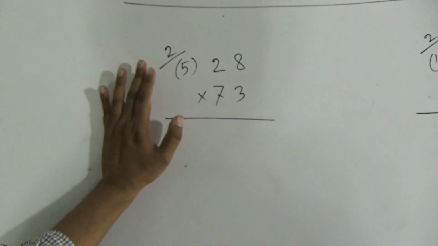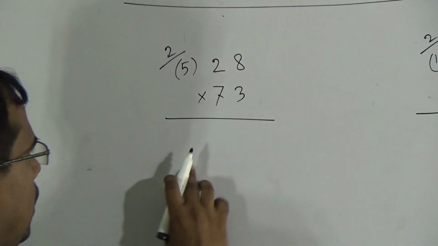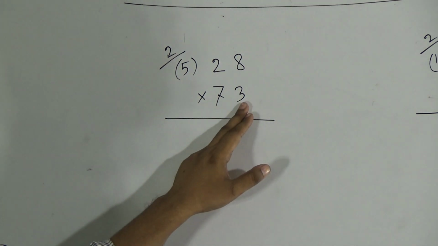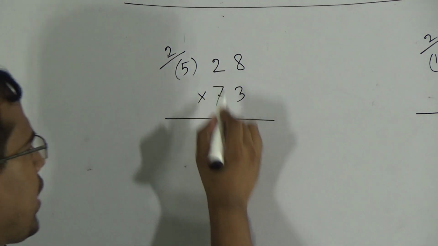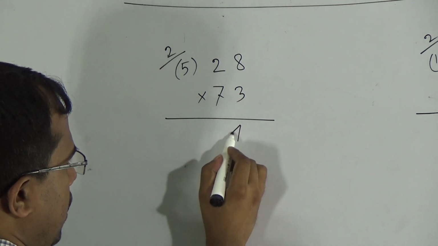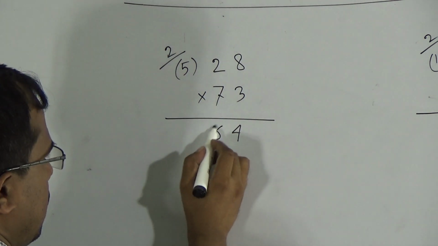Question number 2, sub number 5. At first, we'll multiply 28 by 1's place digit 3. Now 3 8's are what? 3 8's are 24. From 24, we'll write 4 carrying 2. 3 2's are 6 and 6 plus 2, this is equal to 8.